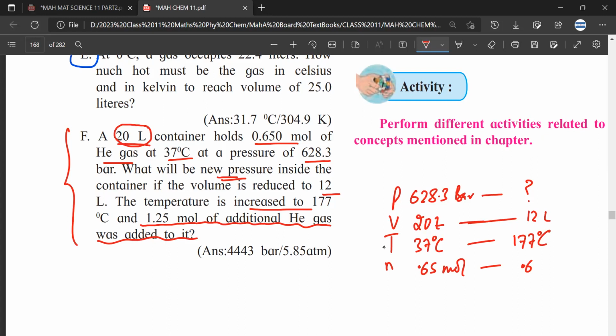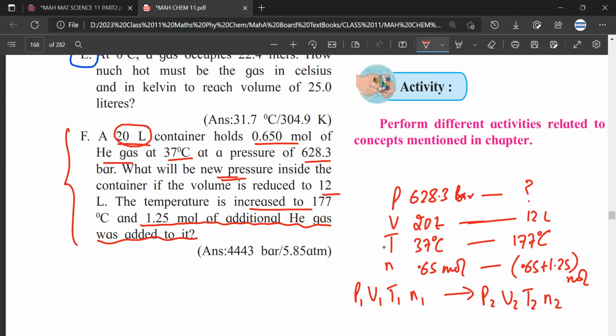So 0.65 plus 1.25 mole. Have you understood what I'm trying to say? Yeah. So here state 1 is P1, V1, T1, N1, and state 2 is P2, V2, T2, N2.